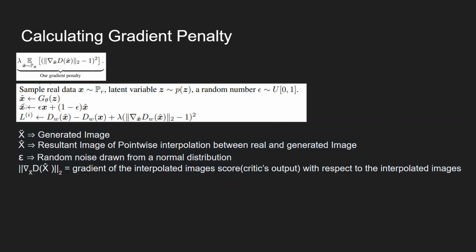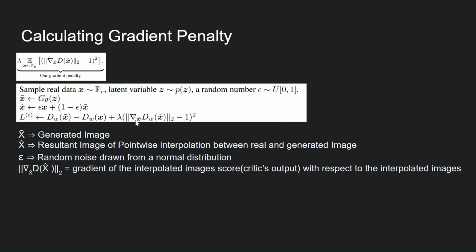So this x hat is the pointwise interpolation of the generated image, which is this x tilde, and the original image, which is this x, and this epsilon is the random noise drawn from the normal distribution. And this term is the gradient of the interpolated image's score, which is basically the critic's output with respect to the interpolated image.